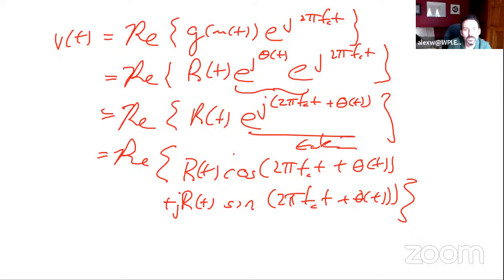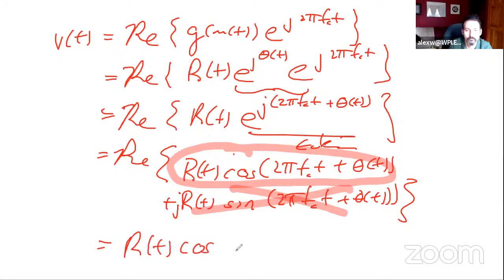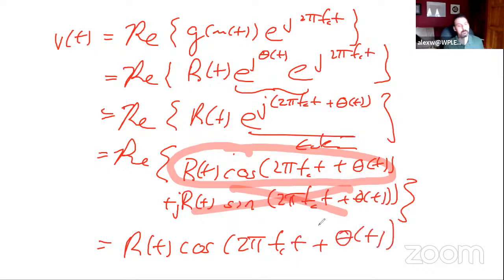Real operator keeps this, ignores that. So what do we get? Okay. So this also is kind of interesting. So let's look at this a little bit more carefully.